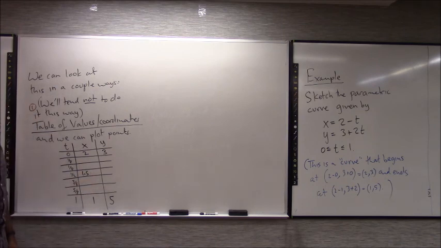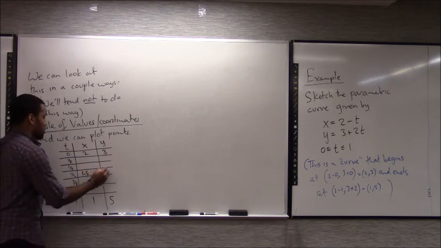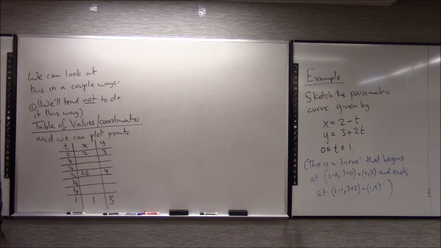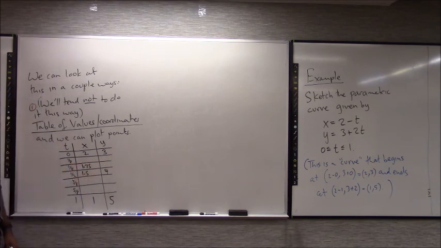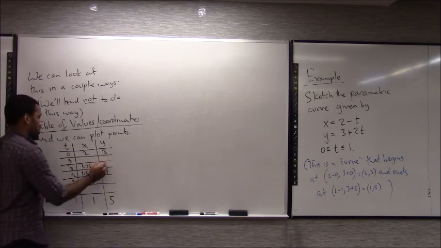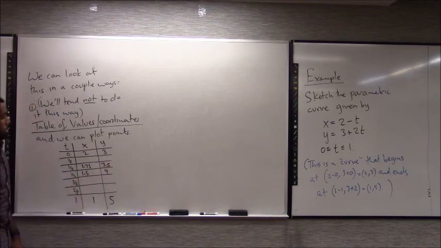Your y would be 4. If t is like a quarter, which is 0.25, your x would be 1.75, and your y would be 3.5.